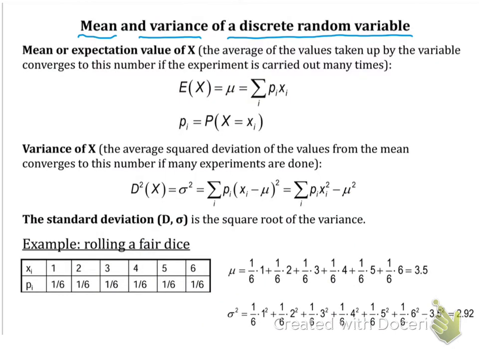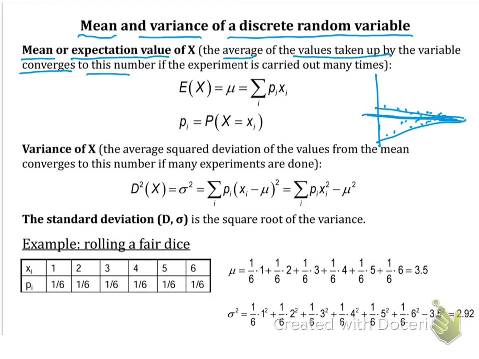So, coming to the main slide, the mean, or expectation, or expected value: the average of the values taken by the variable converges to this number if the experiment is carried out many times. If we keep repeating the experiment, the first time we may have data here and there, but when we repeat it many times, we notice that the data is converging toward a certain value.